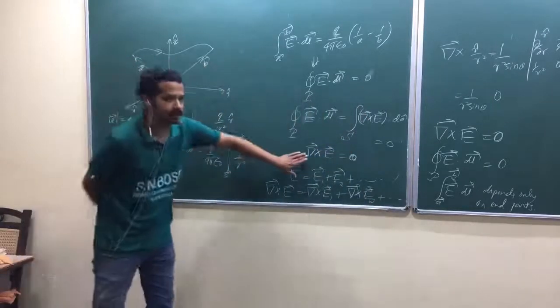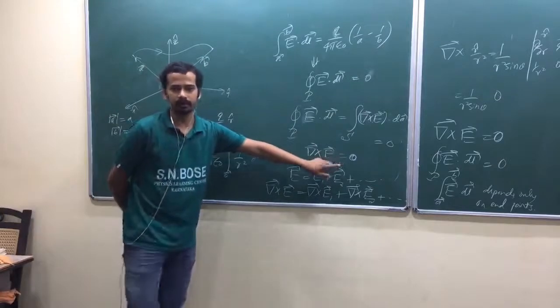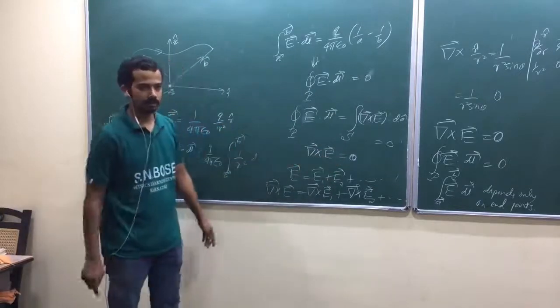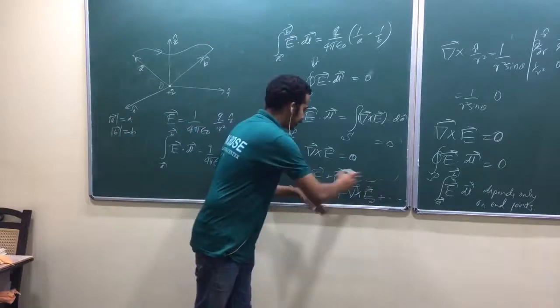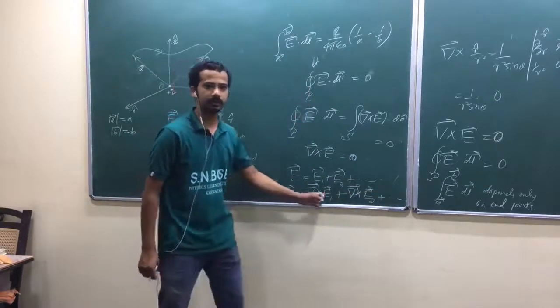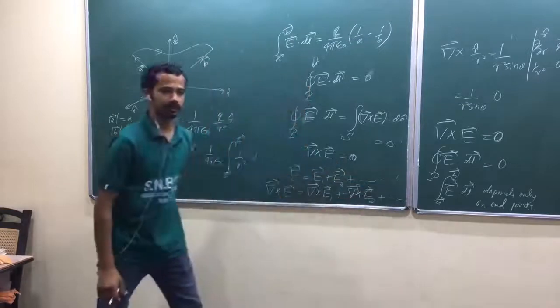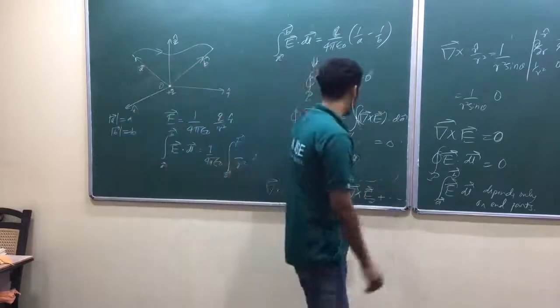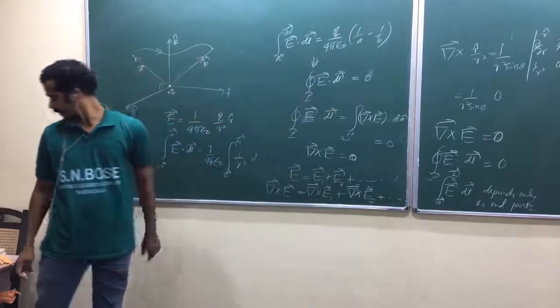According to this statement, the curl due to one point charge is equal to 0. Again, I'm just adding those electric fields to get the resultant electric field. The curl of the resultant electric field vanishes because the individual curls vanish. That's it. Is that okay? That's equal to 0. You can write like this.